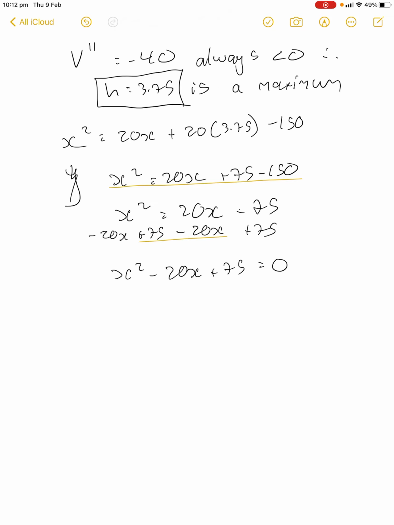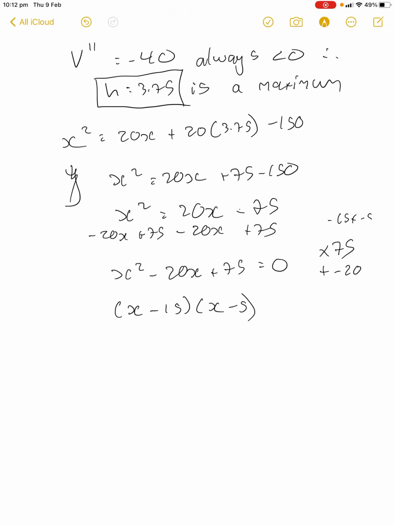I need to solve this quadratic. I need two numbers that multiply to give 75 and add to give negative 20. The question we're going to need to ask ourselves is, what are those numbers? Now, mercifully, I'm going to be able to help you out with this. It's going to be minus 15 and minus 5.